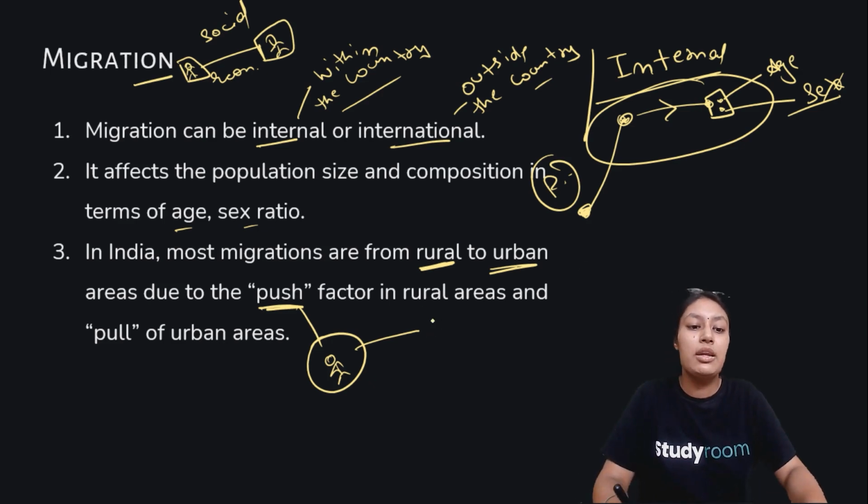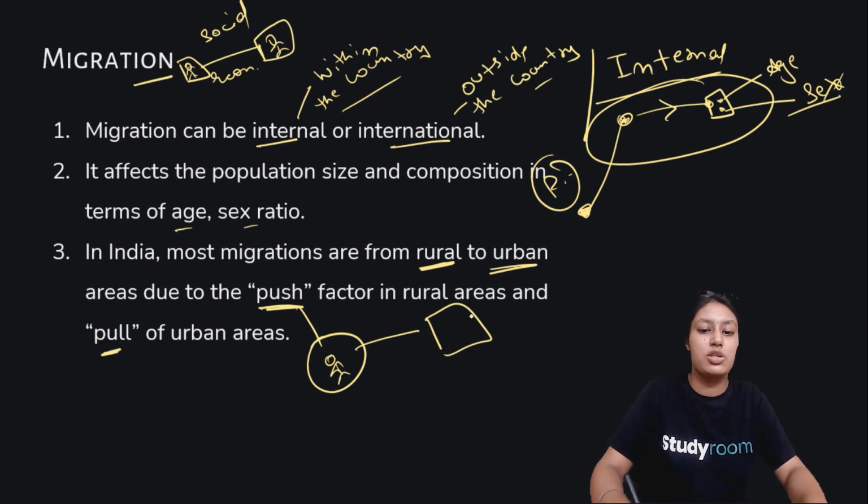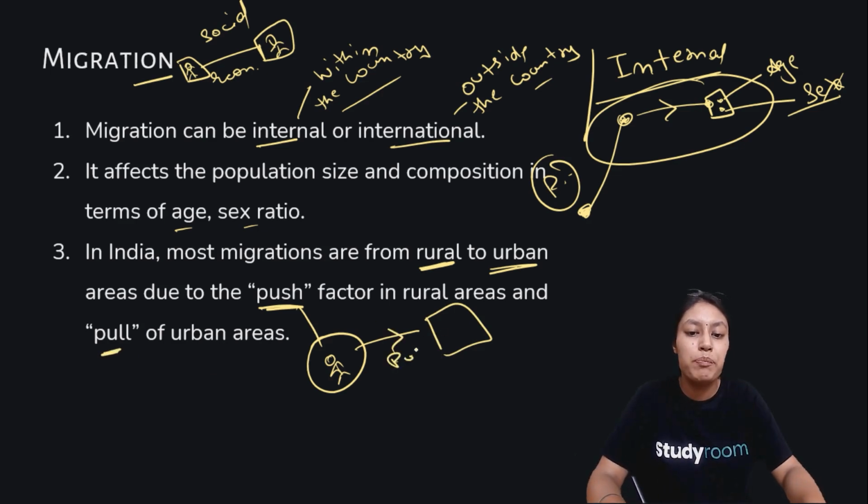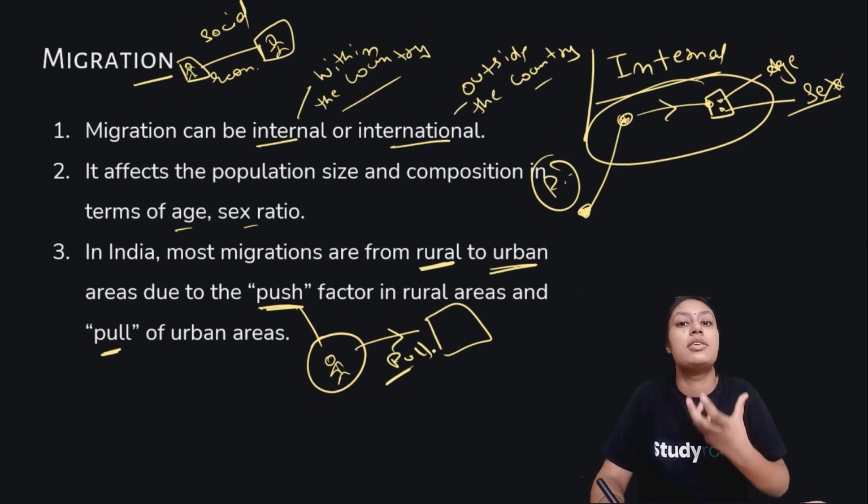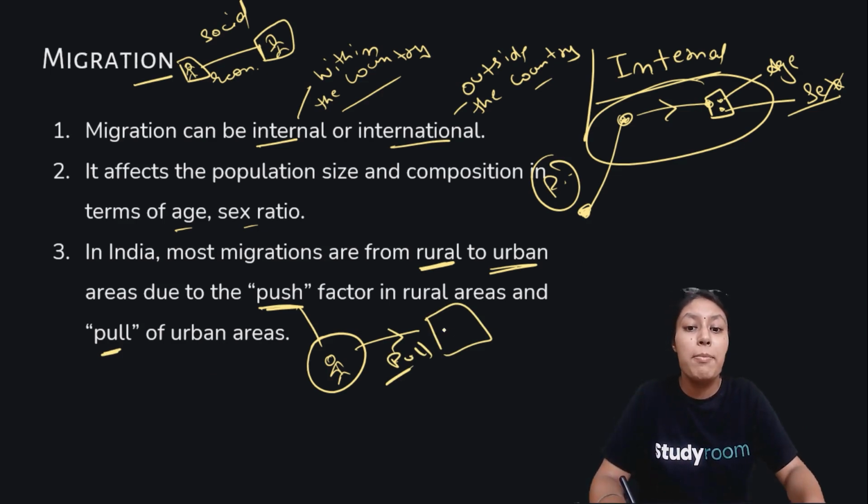But urban areas have pull factors. And what is the pull factor? Pull factors are the factors that attract the population, which are better job opportunities, better industries, better education, better health facilities.